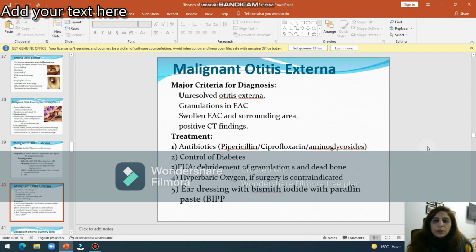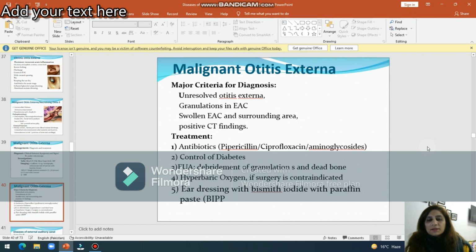So we will give antibiotics that are effective against these bacteria. In the case of penicillin, piperacillin is important, and we can control the infection by IV aminoglycoside and piperacillin, and then we will continue the treatment for at least 6 weeks with oral ciprofloxacin.